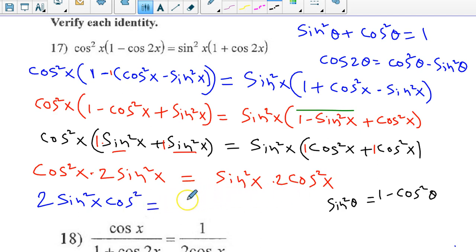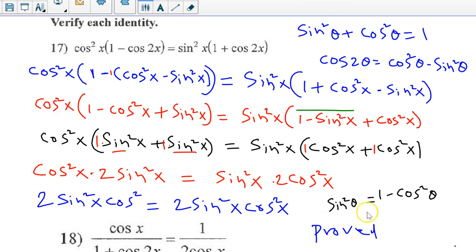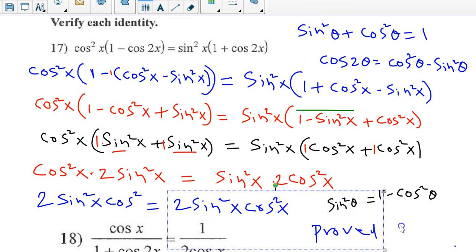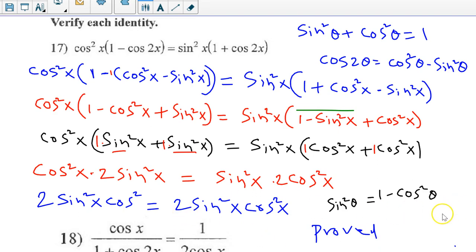On the right hand side also you have 2 times sine square x times cosine square x. That is proved. Okay, right, the left hand side is equal to the right hand side, hence it is proved.